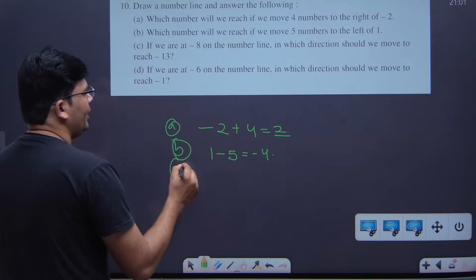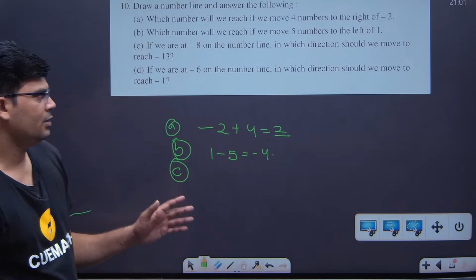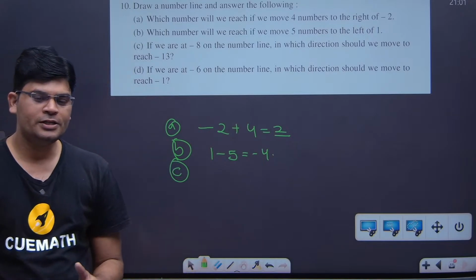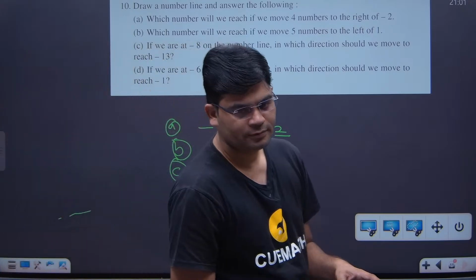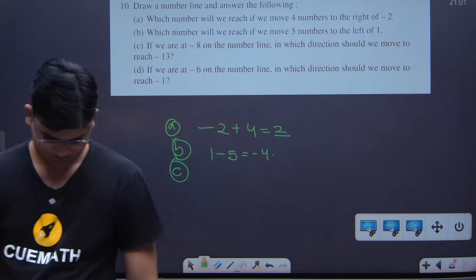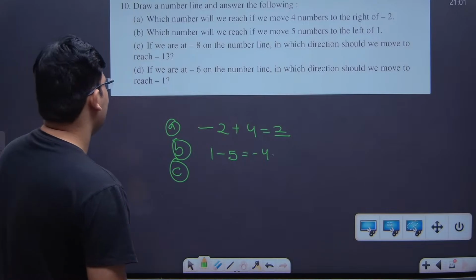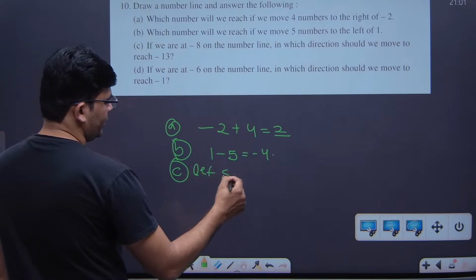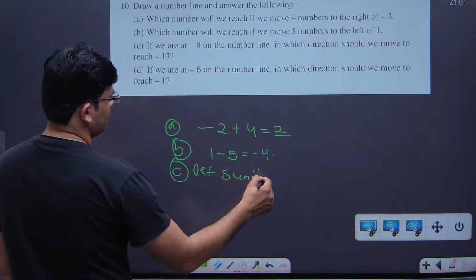If we are at -8 on the number line, in which direction should we move to reach -13? We have to move left. Okay, you have to move left. Great. Left and how many units? 5 units.